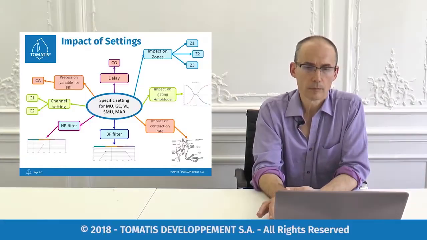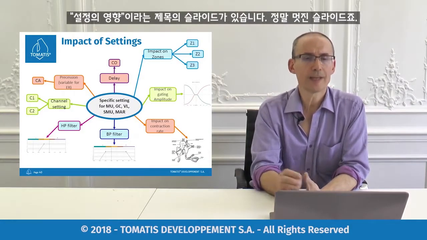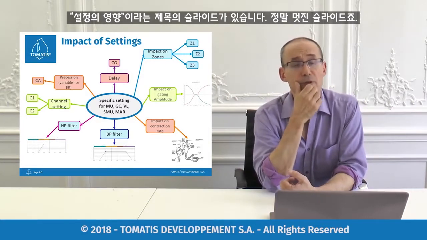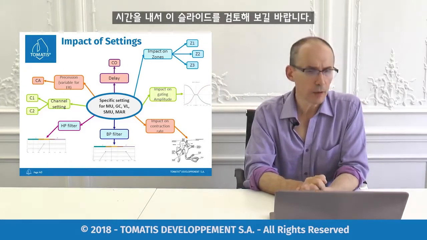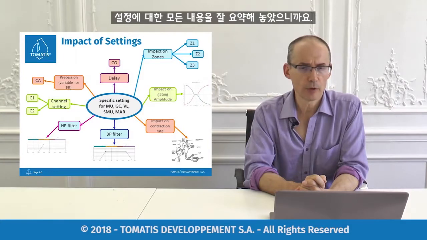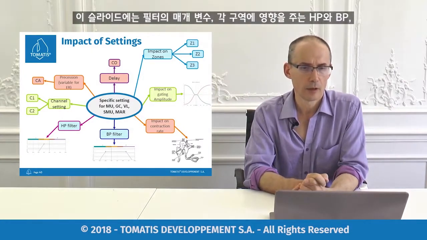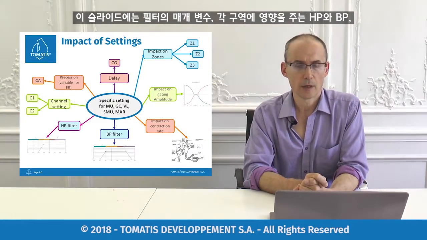Here you have a slide called Impact of Settings. It's a very nice slide. I suggest you take some time to review this slide because it's a good summary of everything in terms of settings. On this slide you have the parameters of filtering, HP, BP, with impact on zones.